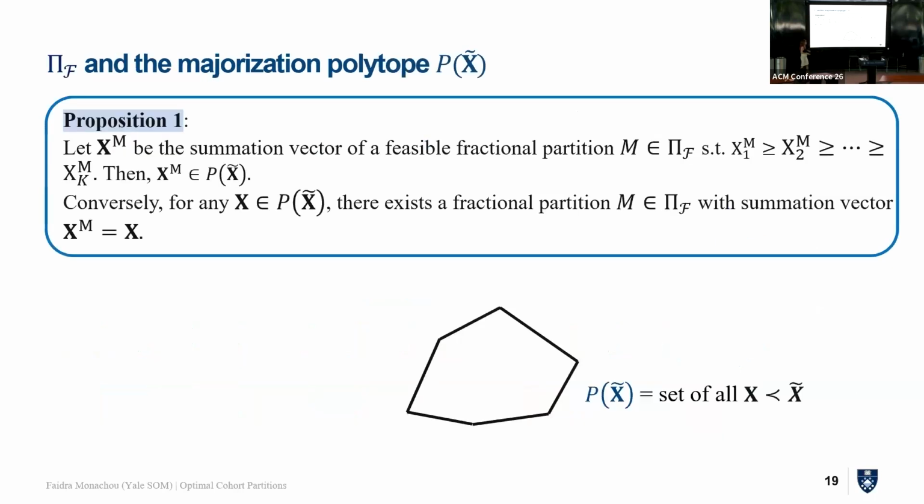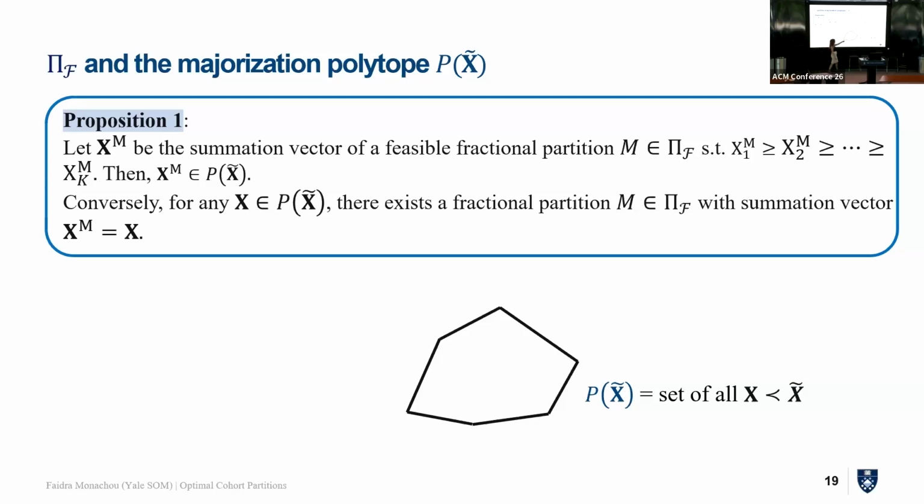It turns out if we take all the summation vectors that are majorized by this assortative partition summation vector, we can find a polytope. And even further, we can find an equivalence between this majorization polytope and the space of all the feasible fractional partitions. We show this equivalence: if you have any feasible partition, then the summation vector will belong to the polytope.